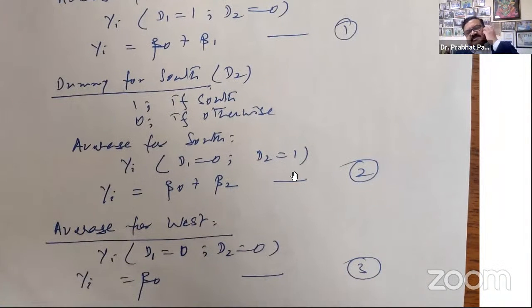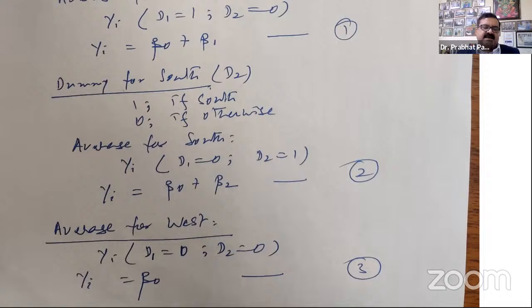So the natural question is, because we have only two dummies, what will represent west? The west is the reference dummy. So the expected value of Y for west is going to be when D1 is equal to 0 and D2 is also 0, because west is the reference dummy.